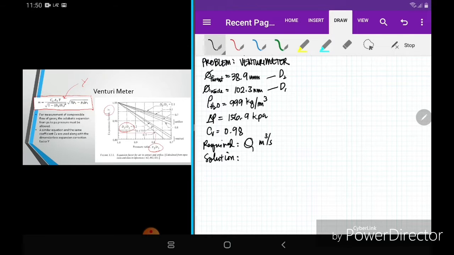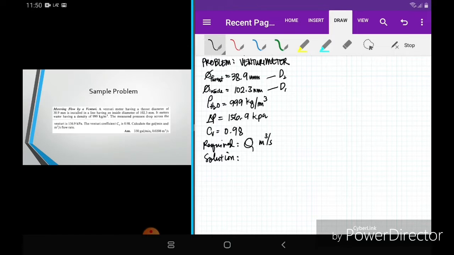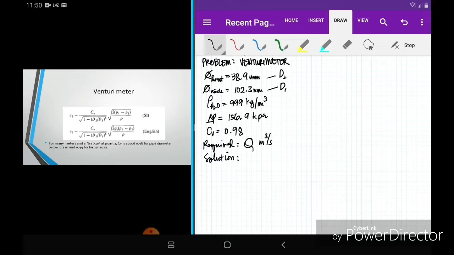So solution, of course, using our formula. So ang nagpo-flow is water. So we're gonna have to use this equation. So we have this particular value. And then meron tayong kukuhang d sub 2 over d sub 1.